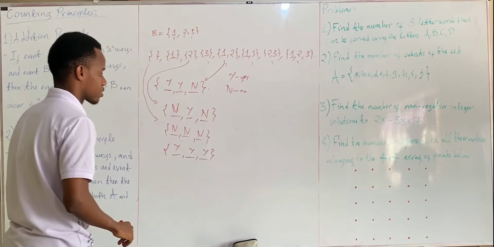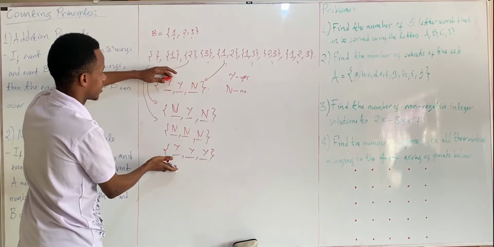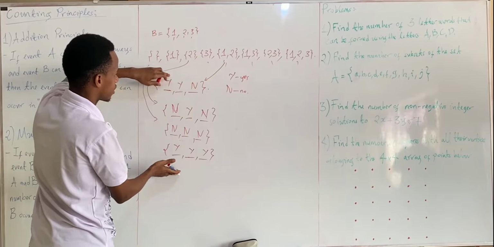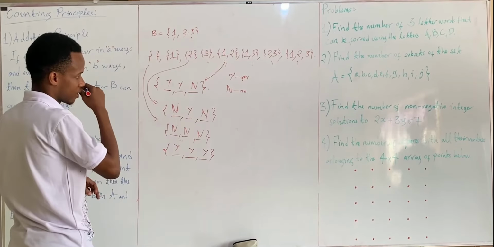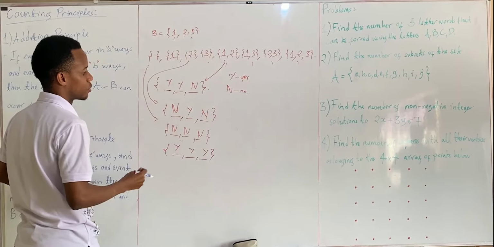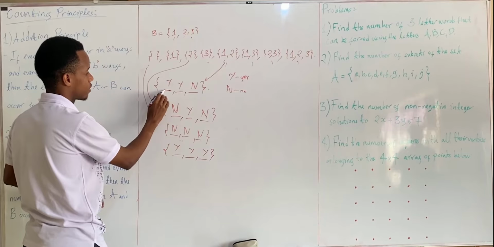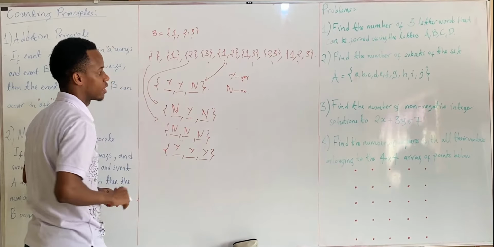So again, what can we say about this other way of defining these subsets? This means that each of the subsets can be represented as a 3-letter word, okay? A 3-letter word. So we have the first position, the second position, and the third position.